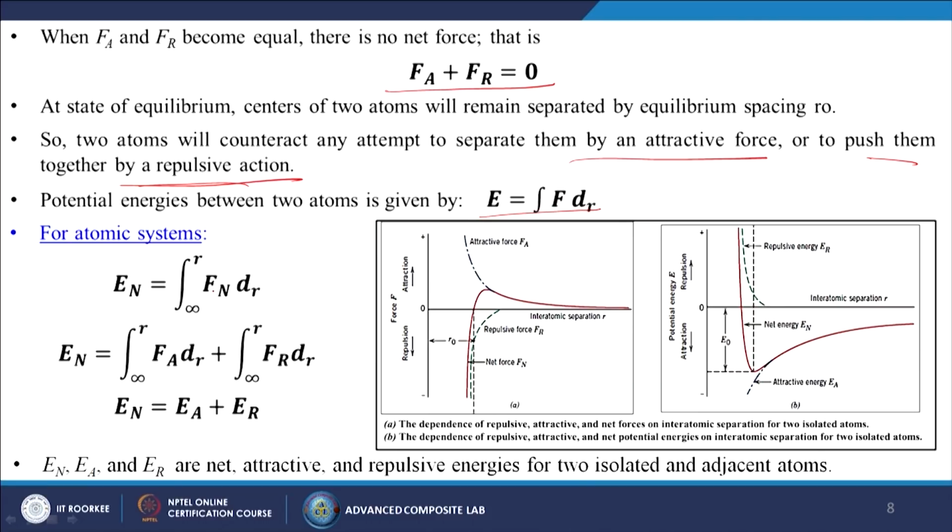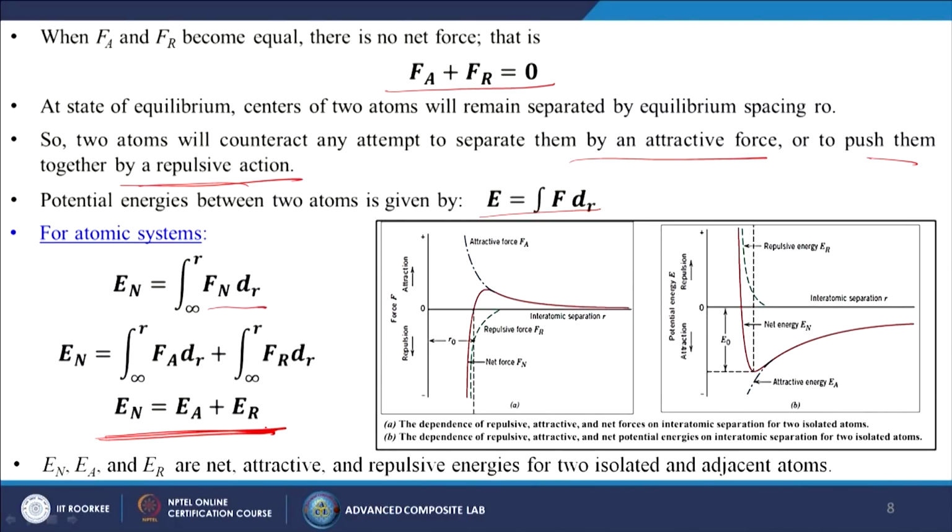So, potential energy between two atoms is given by E is equal to integration F dr. For atomic systems, generally En is equal to integration infinity to r Fn dr, which is nothing but the integration infinity to r Fa dr plus integration infinity to r Fr dr, because of the attraction and the repulsion force. That means En is equal to Ea plus Er.